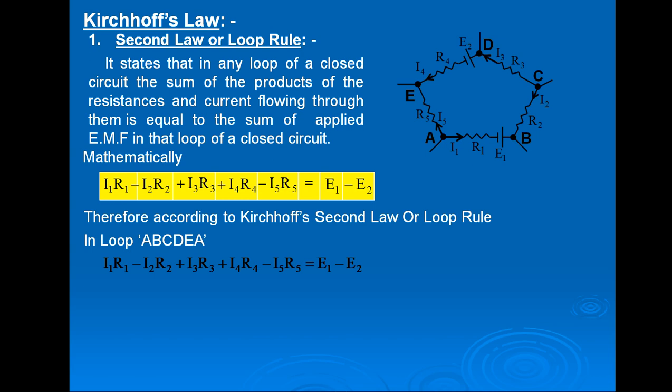So this is the equation we get according to Kirchhoff's second law or loop rule in the loop A, B, C, D, E, A. By this method we can get the equation between the currents, resistance and EMF in any closed loop of a closed circuit.